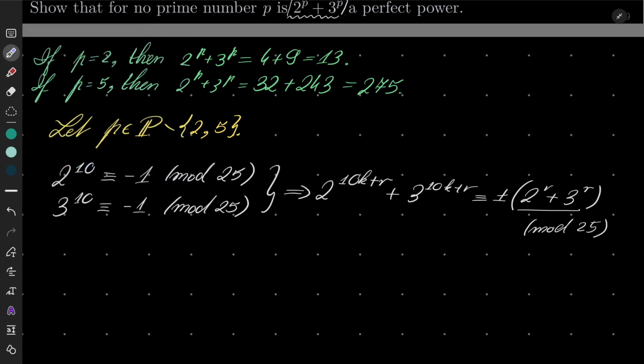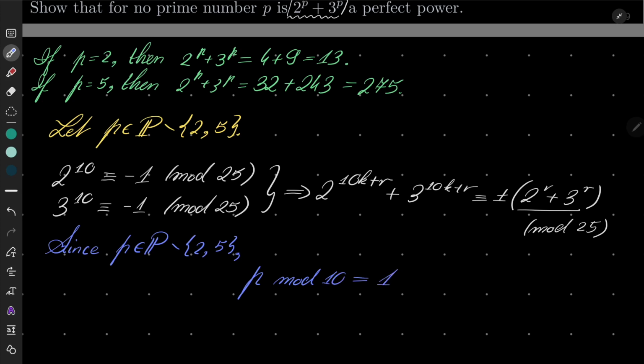But also, let's notice that since p is a prime and it's not 2 and not 5, p modulo 10, well, can it be 0? No, it can't, because that would mean divisibility by 10. It can be 1. It can't be 2, because that would mean p is an even number, and there is no even prime apart from 2.